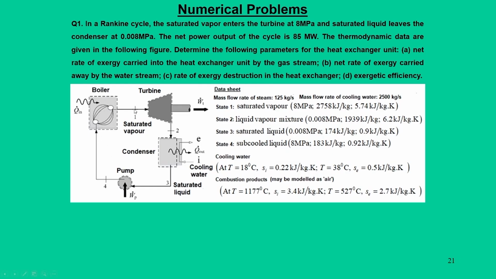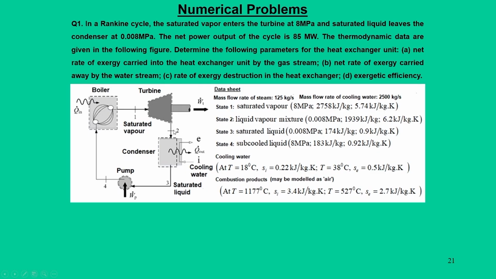when a vapor power cycle operates at these states, state 1, which is the entry for the turbine, is saturated vapor at these conditions. That means, at this state we have 8 megapascal, 2758 kilojoule per kg enthalpy and 5.74 kilojoule per kg Kelvin entropy.